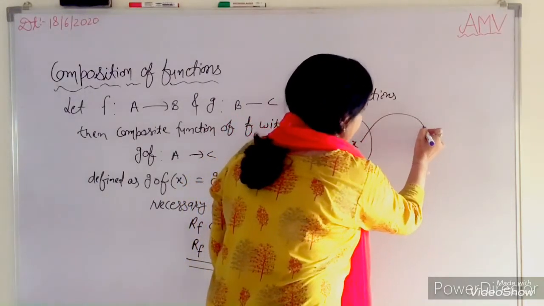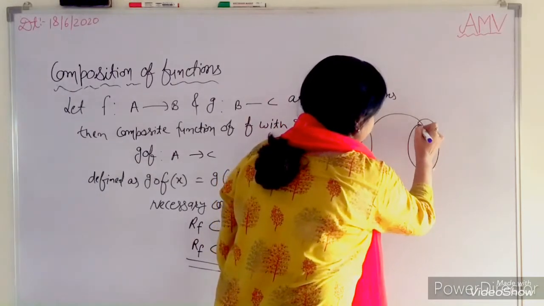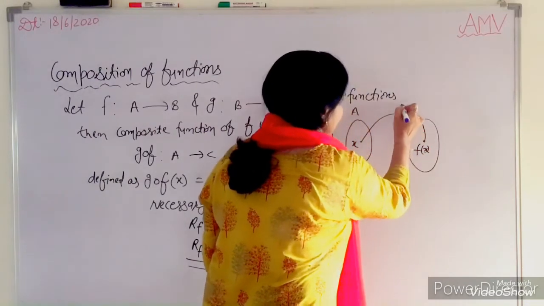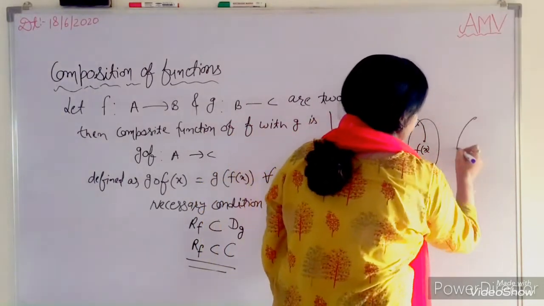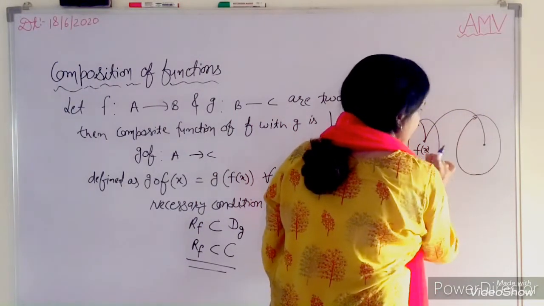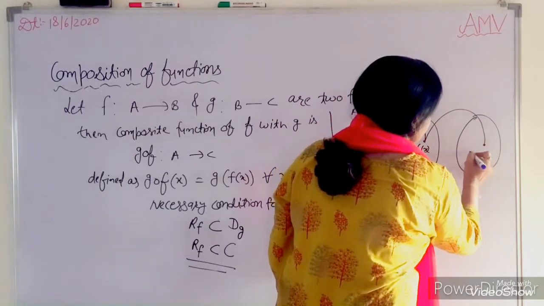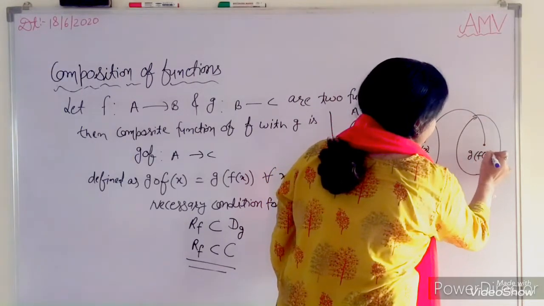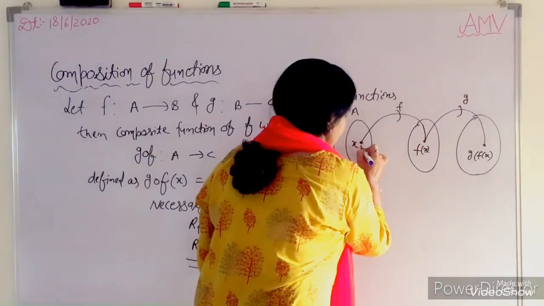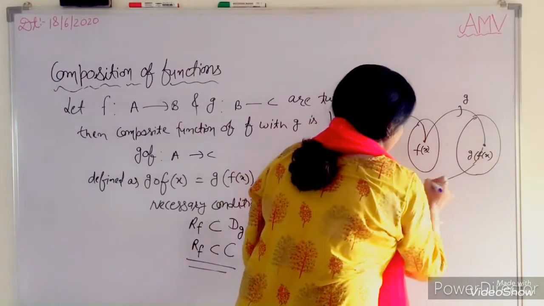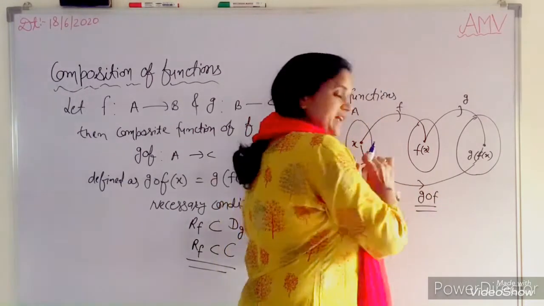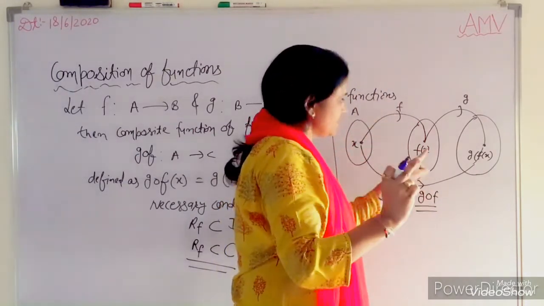Then the image of x is f(x) under the function f, and now the image of this f(x) under the function g is g(f(x)), and this is known as g o f. So x is an element, the image of x is f(x).